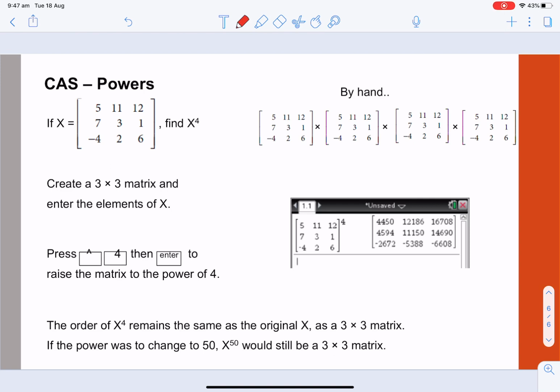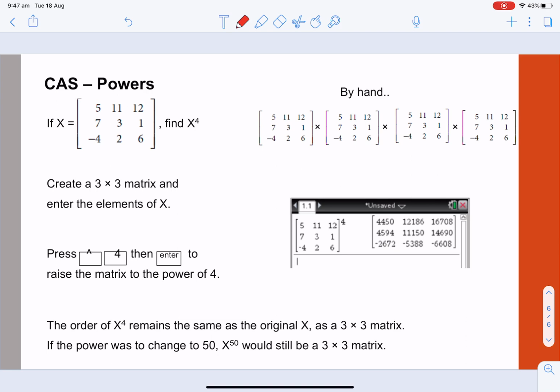So on to our last slide. If x equals 5, 11, 12, 7, 3, 1, negative 4, 2 and 6, find x to the 4. Now, I wrote out how you would be doing it by hand.